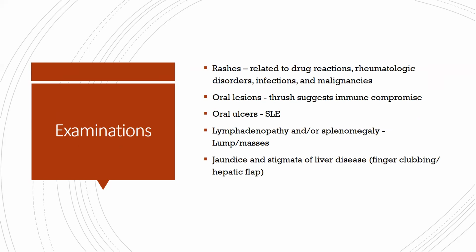Oral thrush might suggest a patient who is immunocompromised, for example HIV; oral ulcers indicate SLE; lymphadenopathy, splenomegaly, and lump masses can indicate malignancy; and jaundice or any stigmata of liver disease can suggest peripheral consumption. All of these we really need to watch out for and pick up when approaching a patient with pancytopenia.